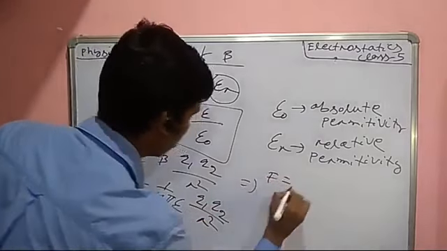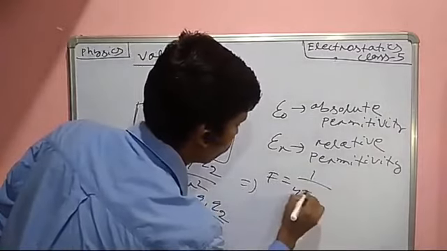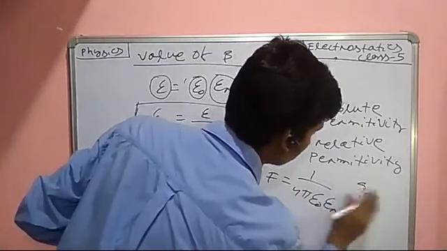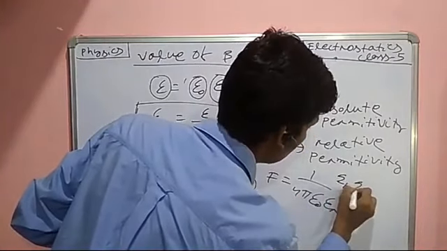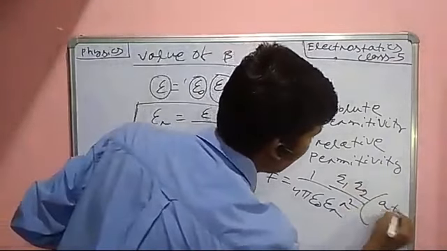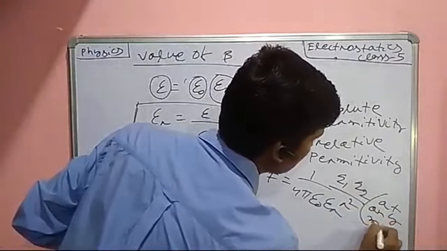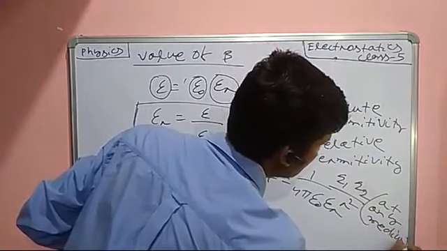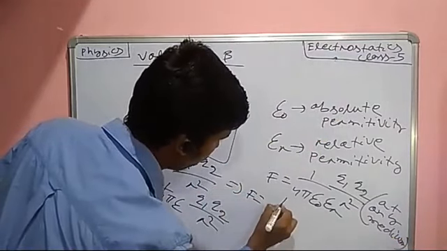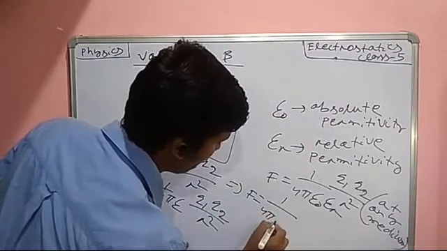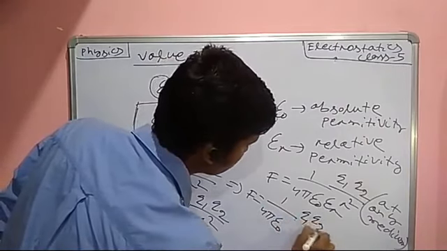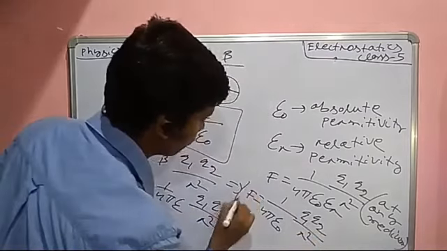So F is equal to 1 by 4 pi epsilon 0 epsilon r q1 q2 by r square, that is for any medium. But F is equal to 1 by 4 pi epsilon 0 into q1 q2 by r square in another case.